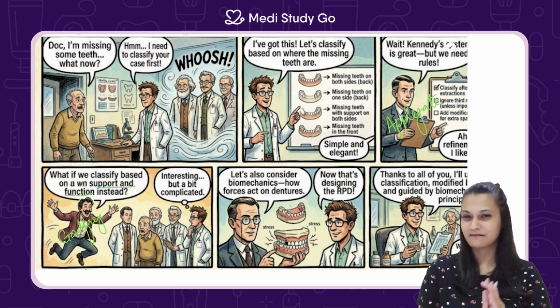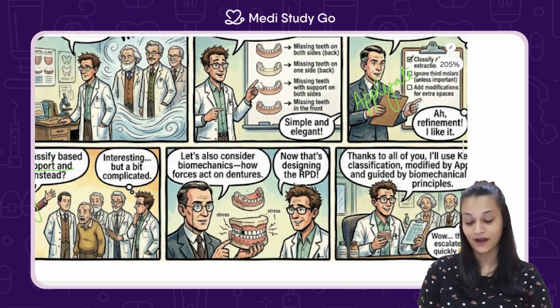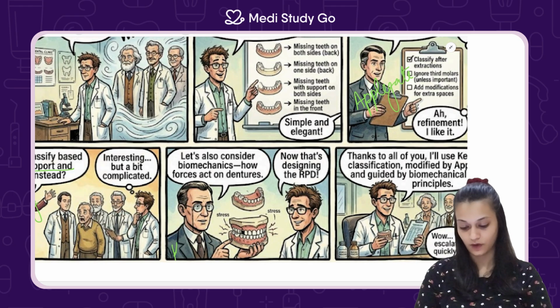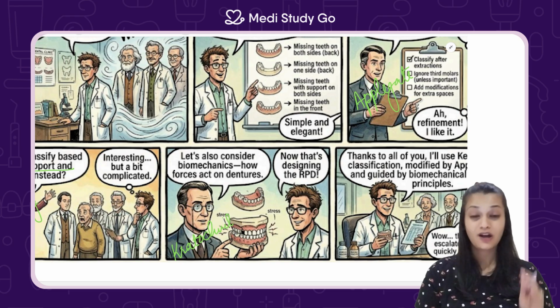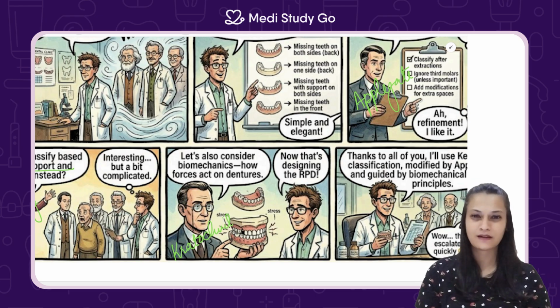So people said, we might not want to adapt to this. So then came another scientist who was Kratochvil. He said, we'll take biomechanics into consideration. We'll take stress into consideration. We'll see the fulcrum lines. We'll see everything and define.